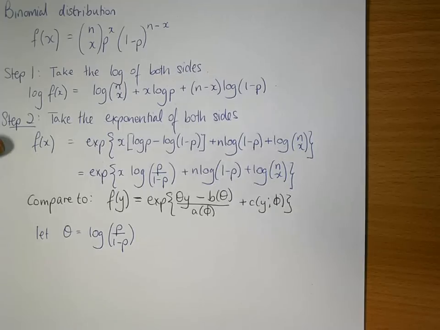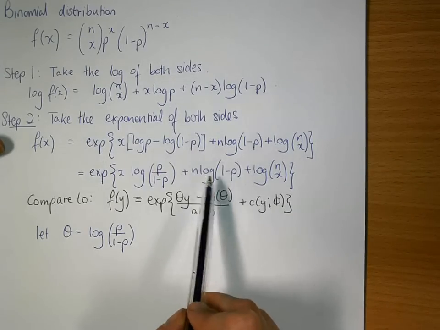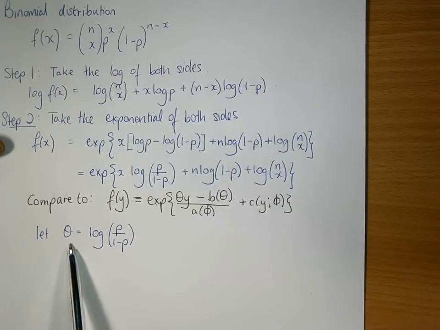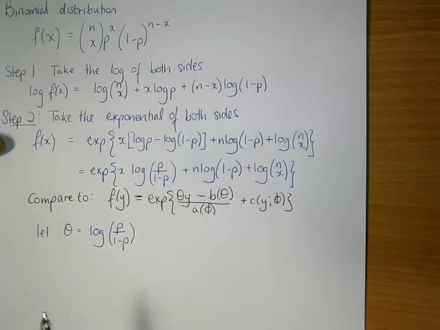If we do that, we then want to be able to express log of 1 minus p in terms of theta to get our b of theta function.